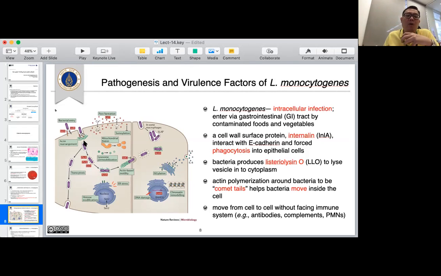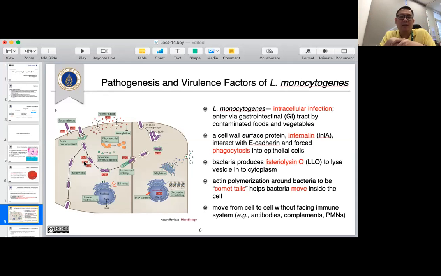But the bacteria also produce listeriolysin O, a toxin that digests the membrane of the vesicle. Once the vesicle membrane lyses inside the cytoplasm, bacteria escape from the vesicle into the cytoplasm before the vesicle fills with lysosome.